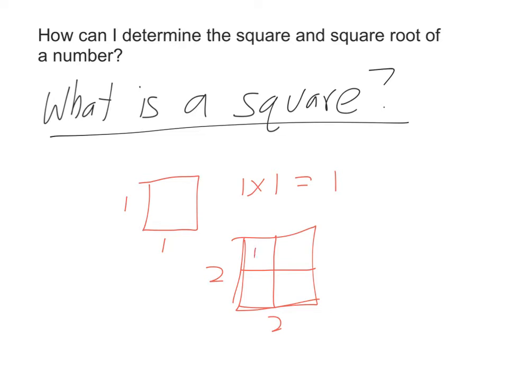Well, I have 1, 2, 3, 4 square units, because the area is 2 times 2 equals 4. So when you're thinking of the square of a number, you're really thinking: if I had a square and the side length was that, what would the area be? That is what the square of a number is. You simply multiply the number by itself, like you're figuring out the area of a square.